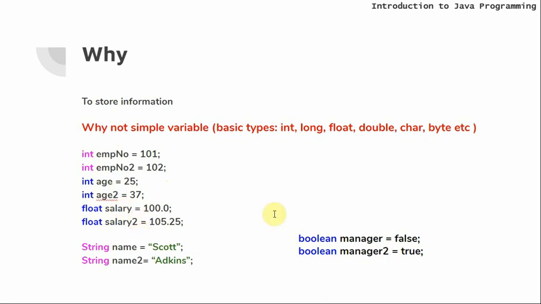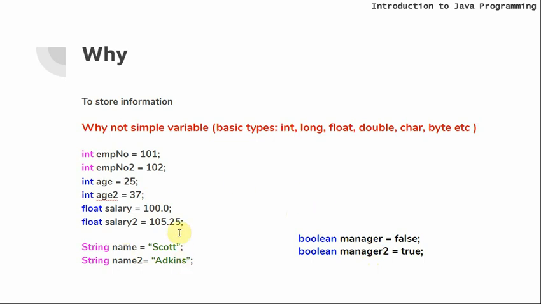You can see I have created multiple variables, and it depends on the name, how we create these variables. So I might lose the context of which variable belongs to whom, whose manager it was, was it Scott or was it Adkins?